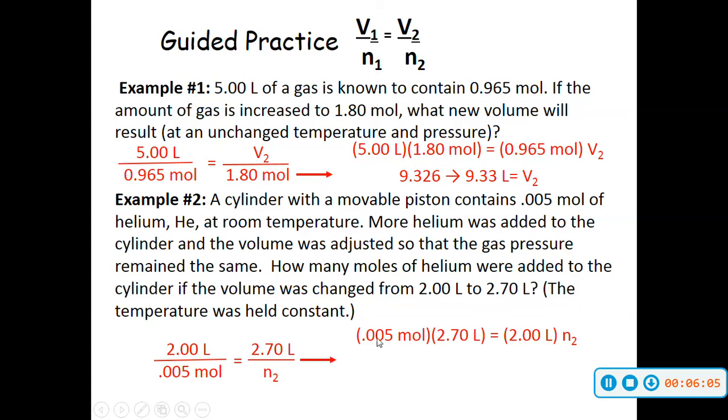So we get 0.005 times 2.7 equal to 2 liters times N2. We multiply these two values and then divide by 2 liters, and we would actually get 0.00675. So our final answer is 0.007 moles.